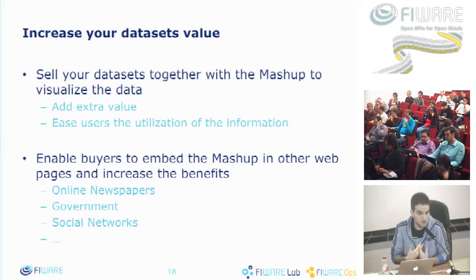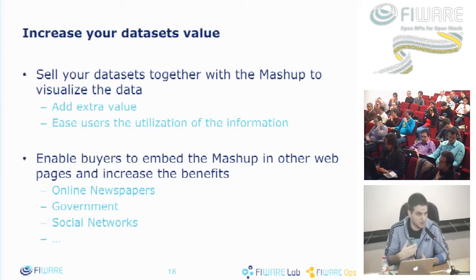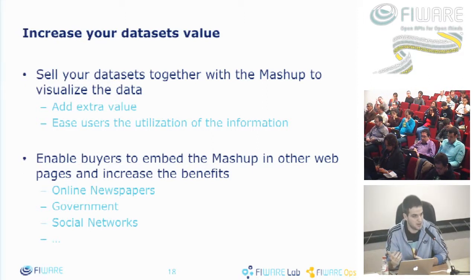And we, as providers of the data, can also earn more money because we are selling the data to the newspaper, and we can charge them for the use that they make of the dataset.